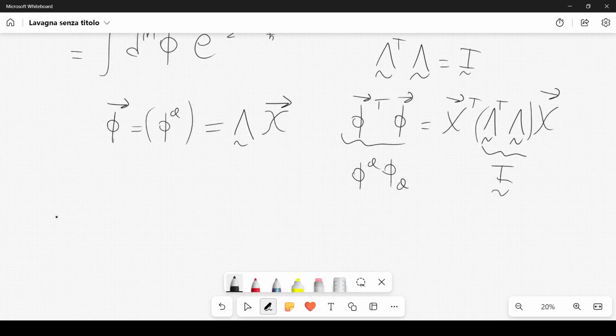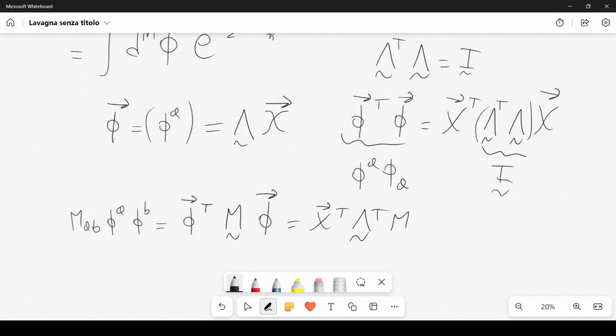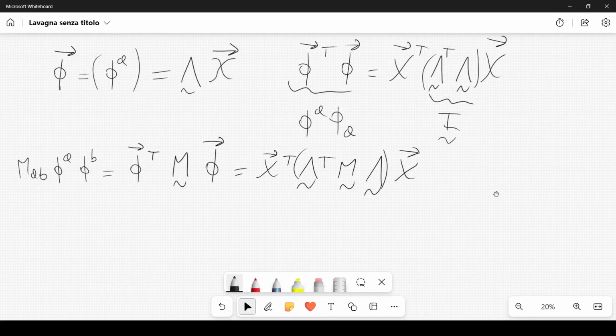This is just to remind ourselves of index notation. And if we consider M_AB phi A phi B, this can be written as phi transpose M phi. This can be written by using this definition as chi transpose lambda transpose M lambda chi. And now we have diagonalized the matrix because we can set lambda transpose M lambda as simply a diagonal matrix which contains the eigenvalues.